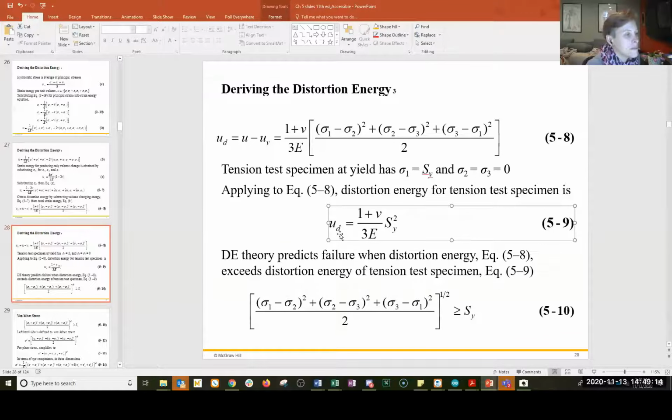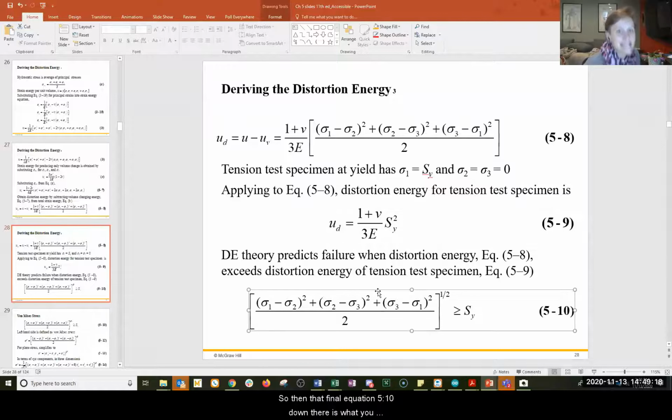Okay. So then that final equation 510 down there is what you were saying. Yes. It eliminates the stuff, cancels out essentially. Right. So we're comparing directly to the yield strength. Exactly. And so the crux of it, the fundamental piece of this, and I don't think that the derivation is useful, right? We let lots of old people do the derivation, so let's use it and move forward and understand.